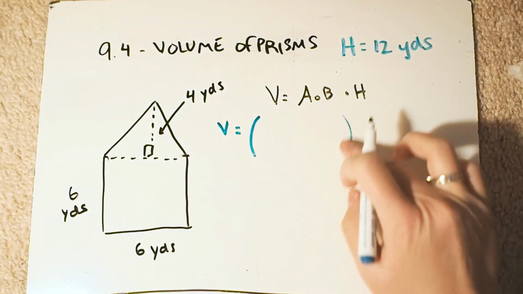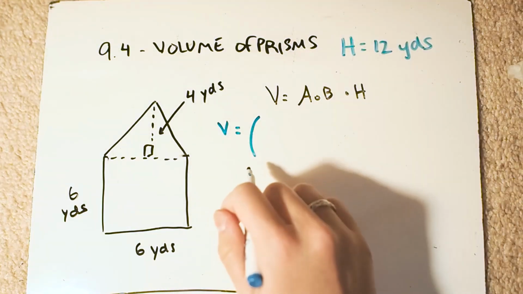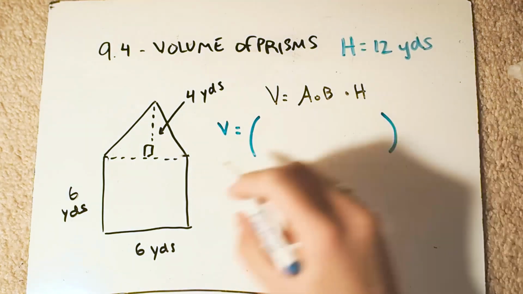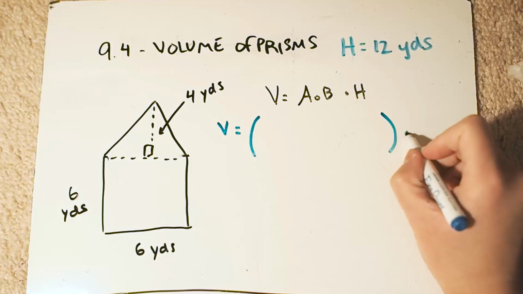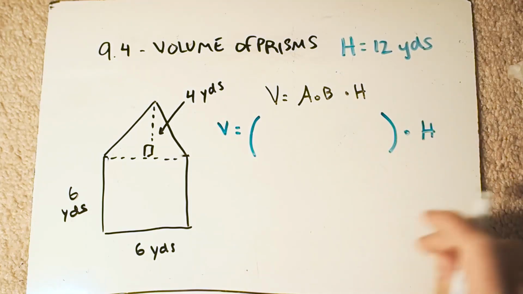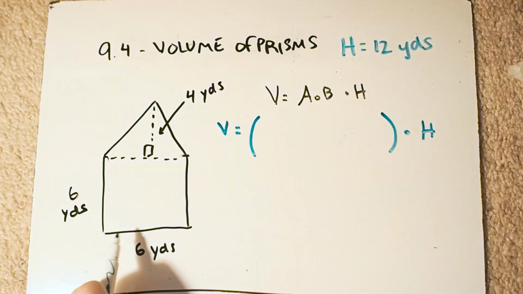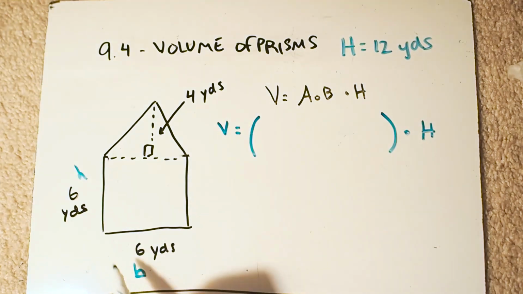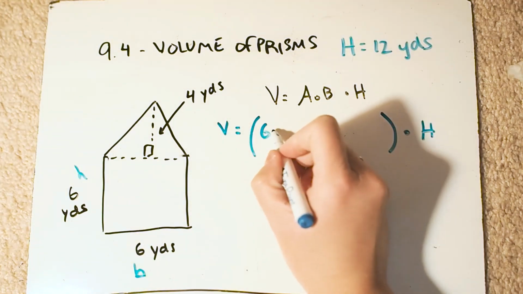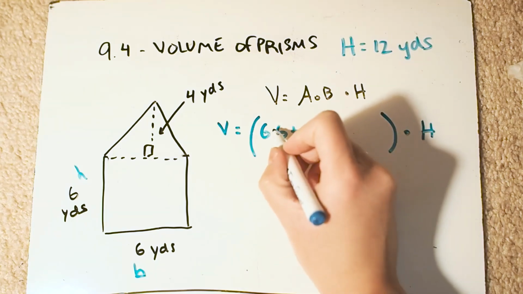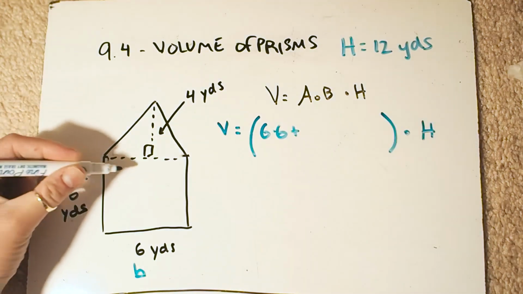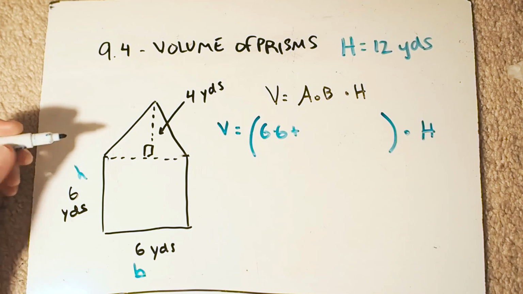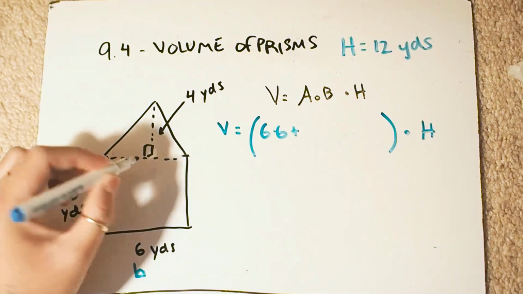Okay, we're going to start off by just tackling the area of the base, and we're going to worry about big H later, so I'm just going to write it over here. This part here, the area of a rectangle, base times little height, 6 times 6, plus this here. If we look here, because it's a rectangle shape, we know that this line here, the base of the triangle, is also 6 yards.